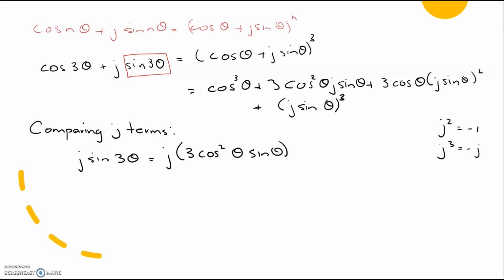And then from this term, the j disappears because j squared is -1, so that's gone. So we only have to deal with the last term, which would be plus j cubed, which is the same as minus j sine cubed theta. Okay, so now we've got all the j terms, so we can just ignore the j for the moment.